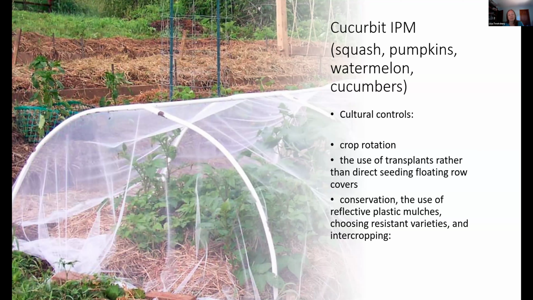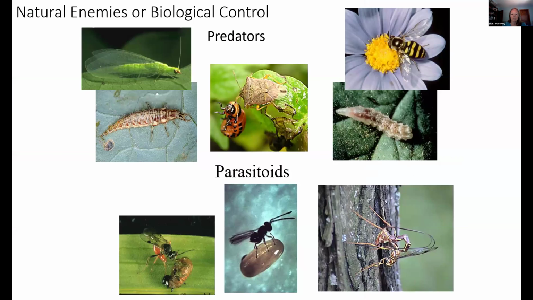And so, they come in the spring. So if you use a row cover like this, you could keep them out for a while. Again, resistant varieties. Intercropping is another thing that involves using other plants that might repel some pests. So there's quite a bit of interest in that, and you can find suggestions on what plants work with what systems.